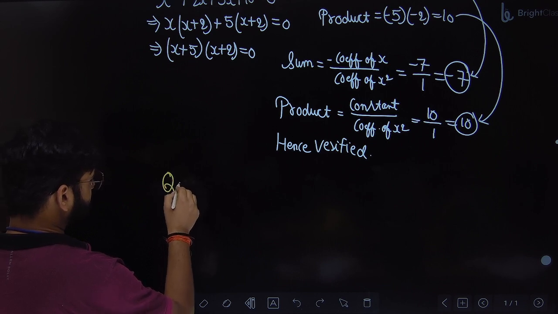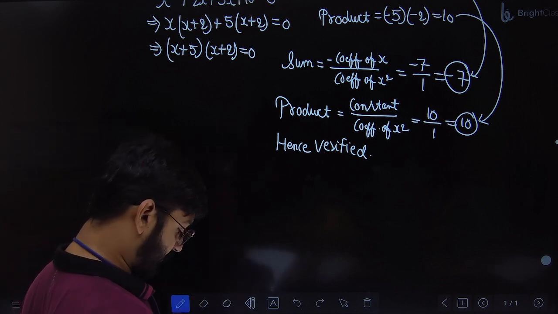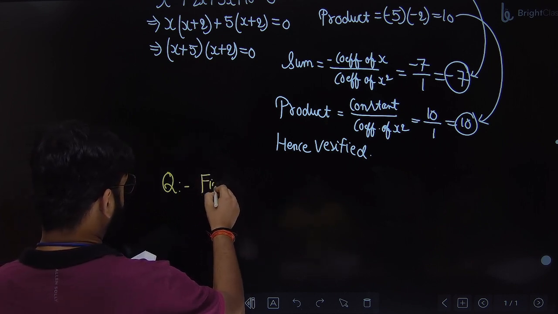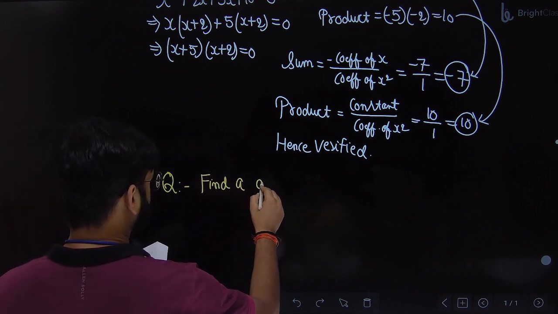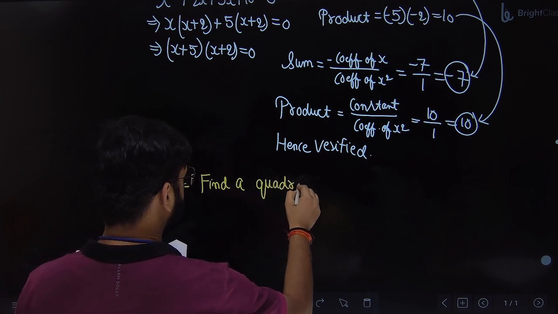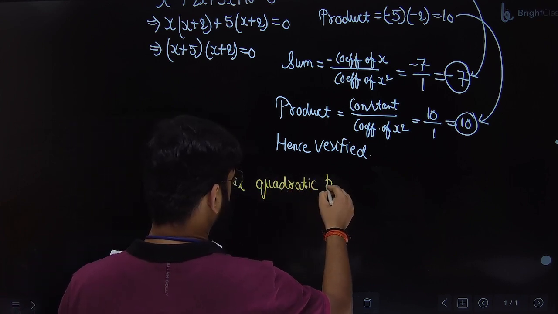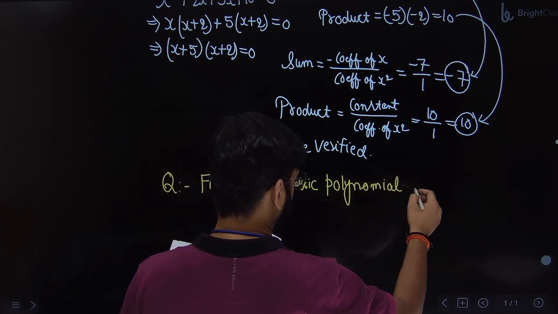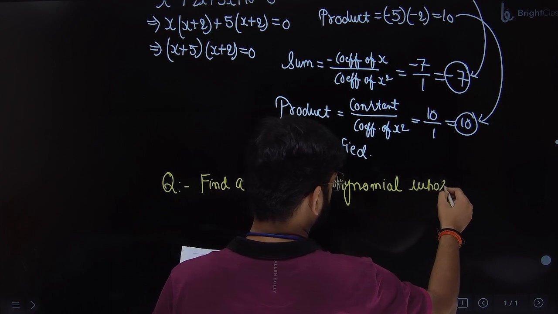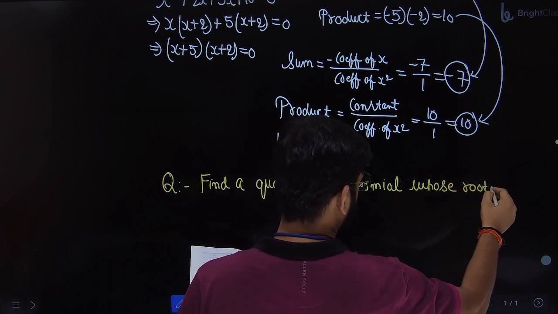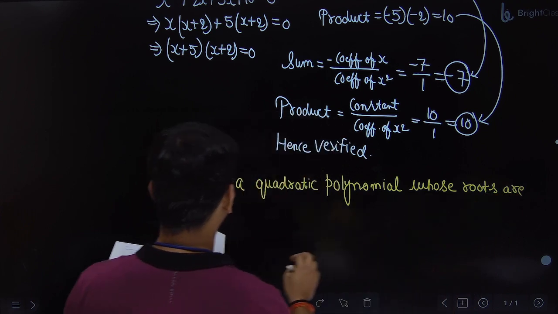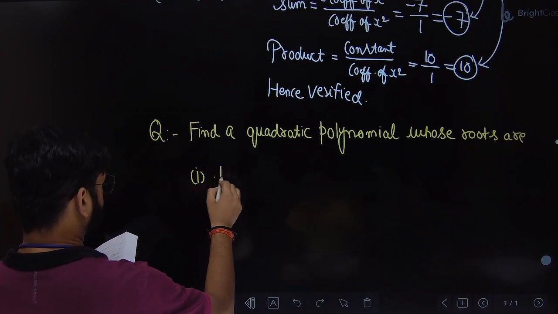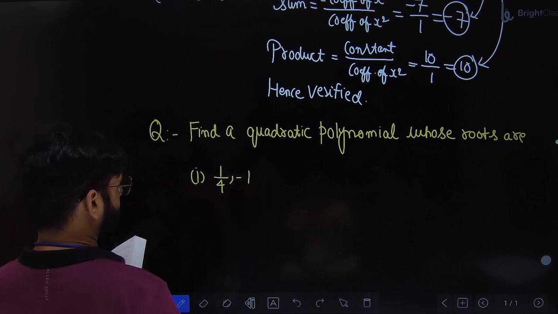So just now we discussed x square minus s x plus p. That will be the polynomial. So let's solve this question. The question is: find a quadratic polynomial whose roots are: first part, 1 by 4 comma minus 1.